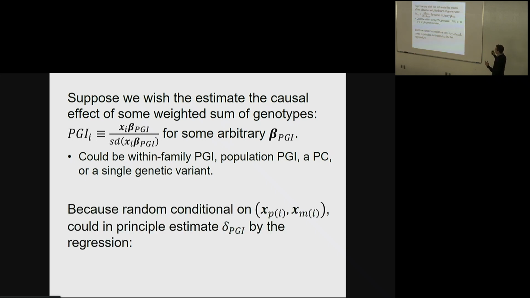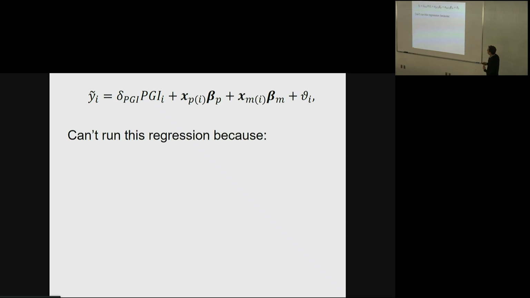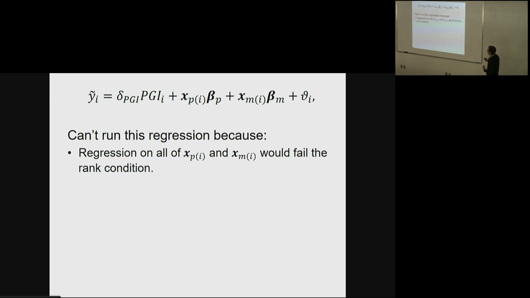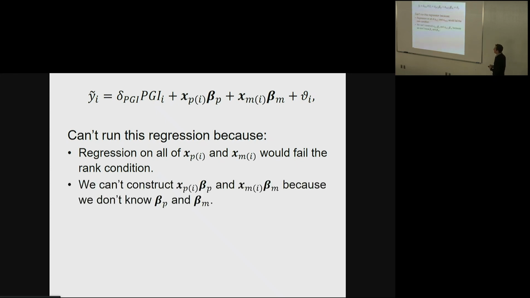So the thing you think, based on the way I've done this talk so far, is that because this PGI is random conditional on the parental genotypes, you would run this regression conditioned on the parental genotypes, and then you have random assignment of the PGI. The problem is, you can't actually run this regression because we would fail the rank condition if we included the full genotype vectors of the parents. And we can't construct these variables because these are different weight vectors, these betas, and we don't know them.